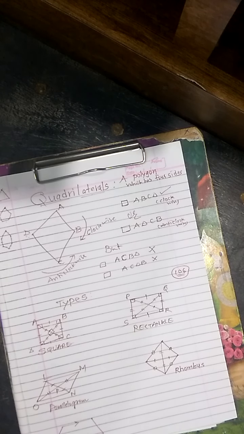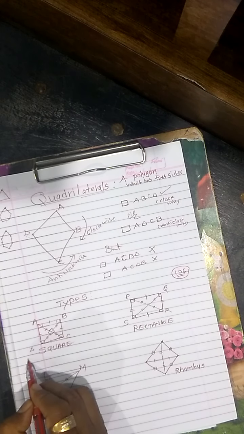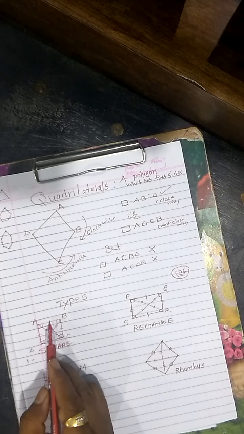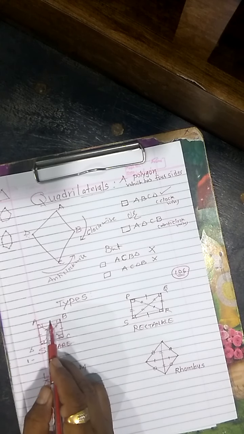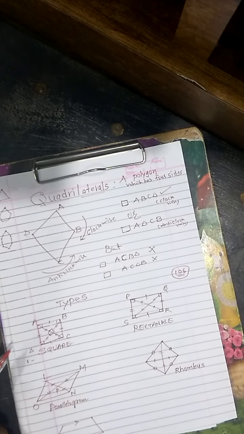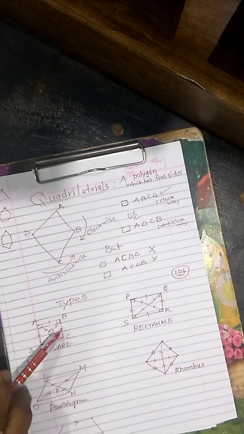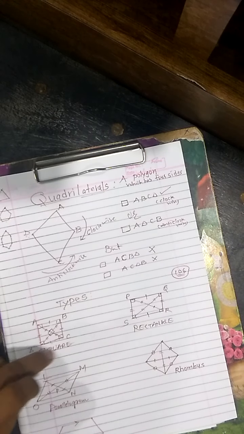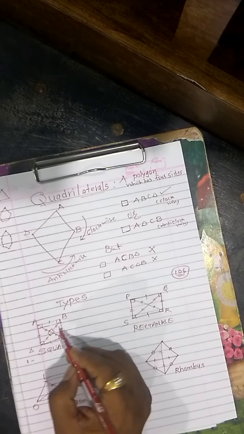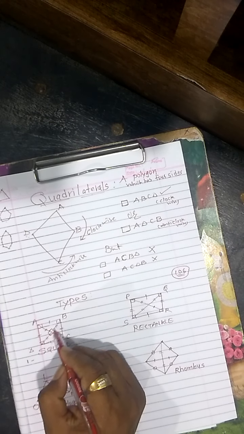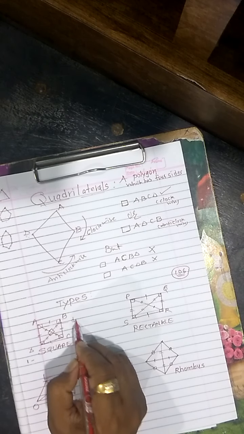Let's see the properties. In a square, what is the first property? All sides have equal measure. You see, in a square all sides have equal measure, meaning all sides are equal. Now what is this? It is known as a diagonal.